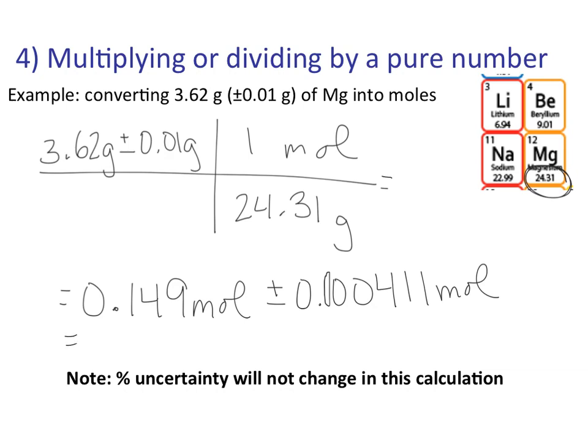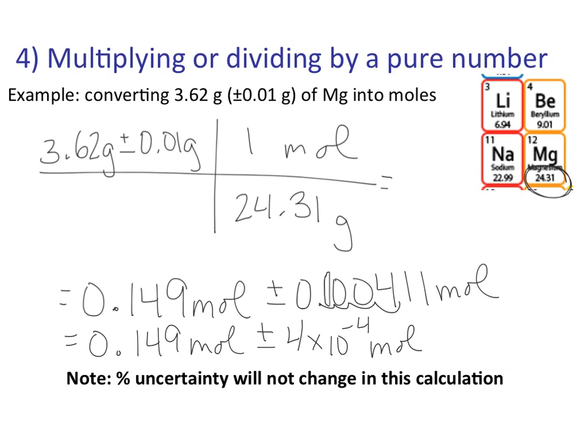So my final answer then is 0.149 moles plus or minus, I'm going to put this in scientific notation, 4 times 10 to the negative 4 moles. You don't need it in scientific notation, I just felt like it. And that's our final answer.